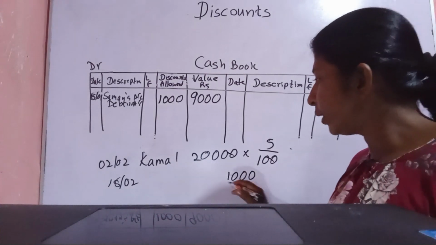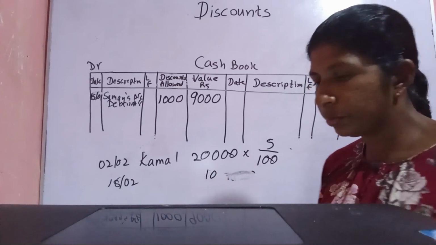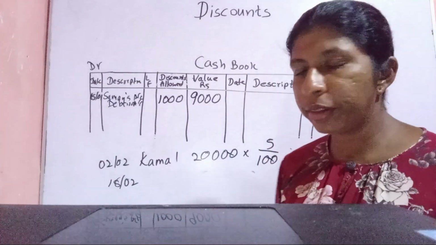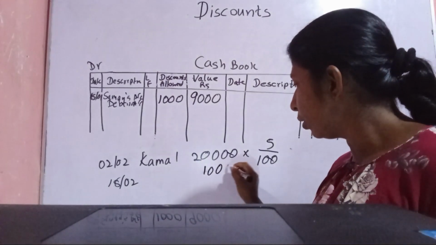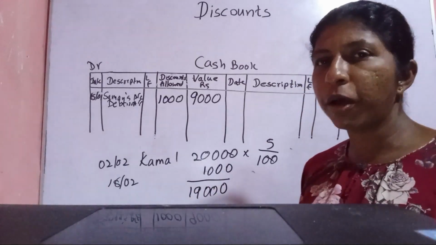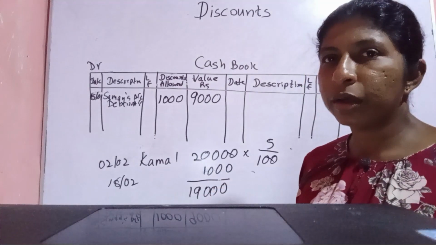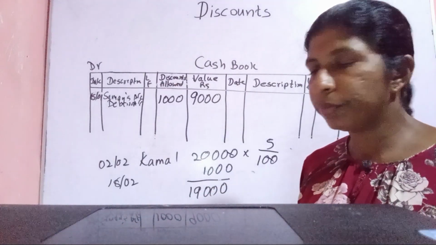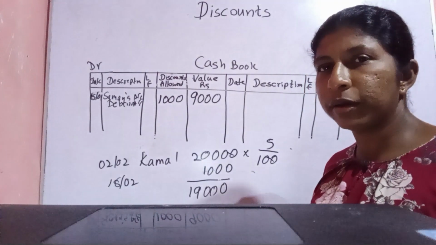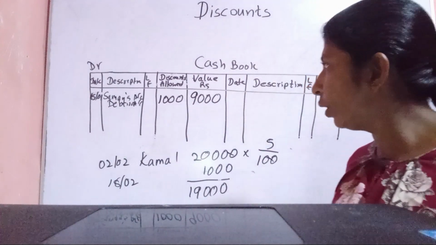Our discount is 1,000. We can deduct that from here. That means we will receive 19,000 from Kamal. And we have to settle that amount with 1,000 discount allowed.